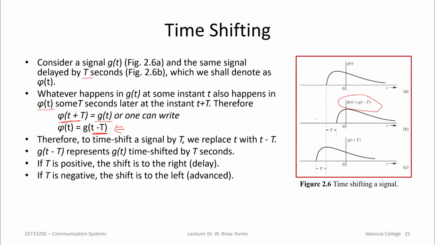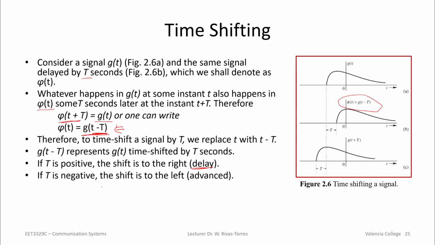If T is positive in that expression, remember the minus is part of the expression, it means that we time shift to the right or delay the signal, right? Now, if T is positive, again, remember what the equation we're looking at is this equation here, right?